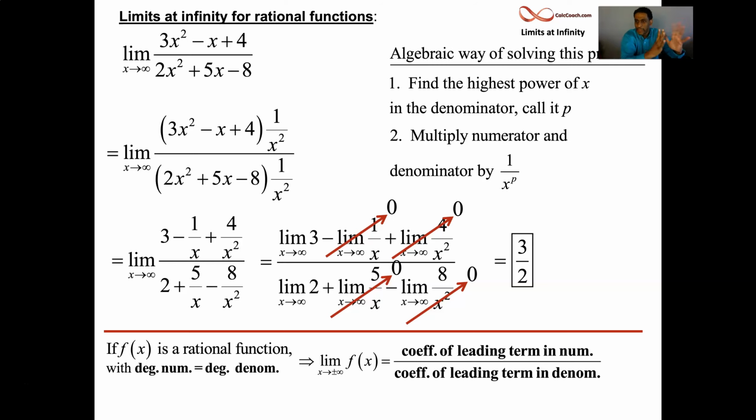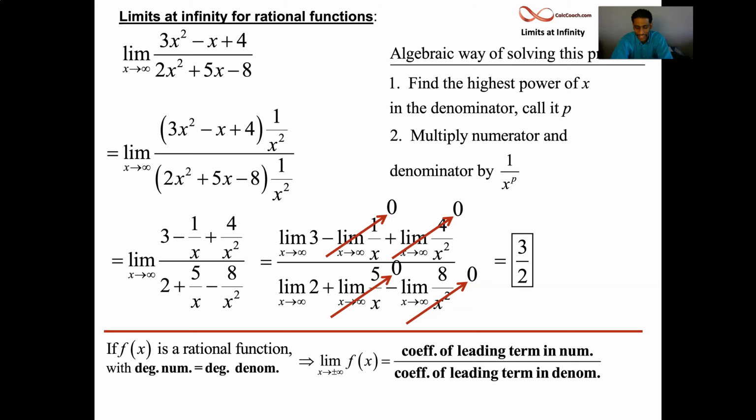It's not leading because it's first; it's leading because it's going to be the one that dominates as x goes to infinity. So you focus your attention on the coefficients of those terms. Even if I jumbled up the order, it doesn't matter. The coefficient 3 in the numerator, coefficient 2 in the denominator, that's going to be the end result, 3 over 2, when the degree of your numerator equals the degree of your denominator.